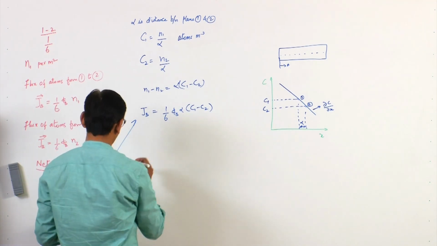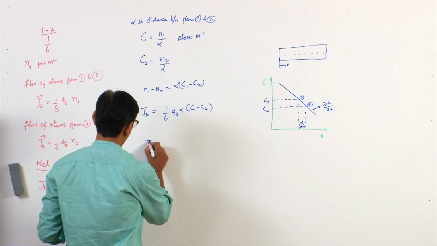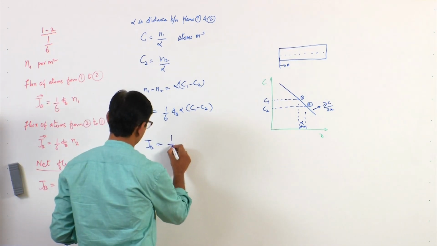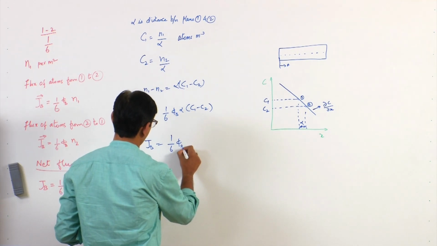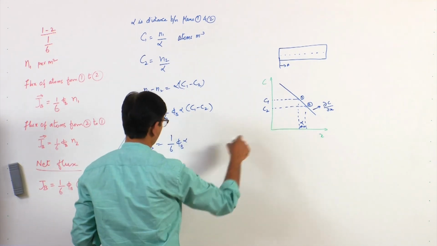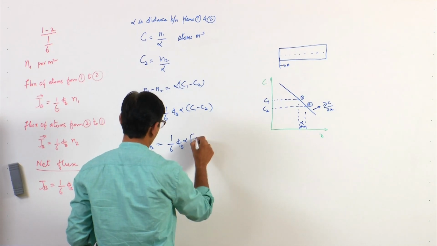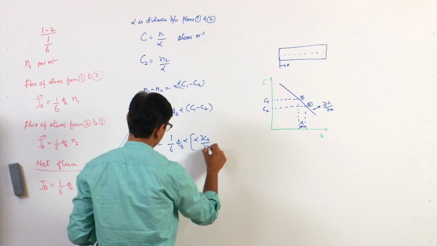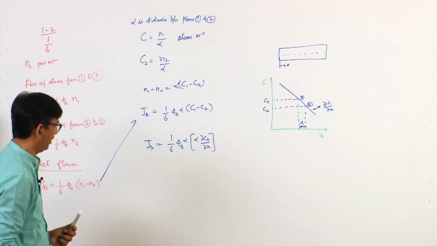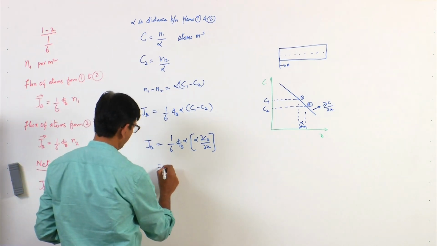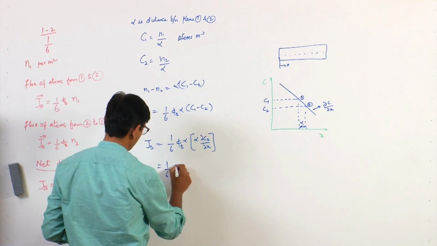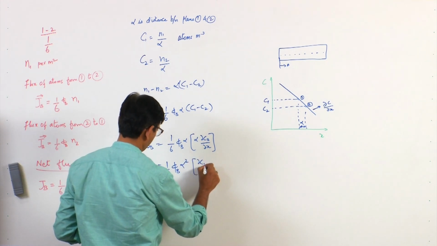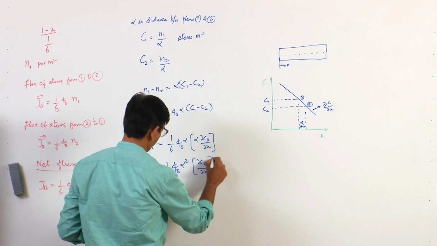So, that I will replace here now. So, now JB is equal to 1 by 6 pi b alpha, and now C1 minus C2 will be alpha into del CB by del x. If I take alpha out, it will become 1 by 6 pi b alpha square del CB by del x.